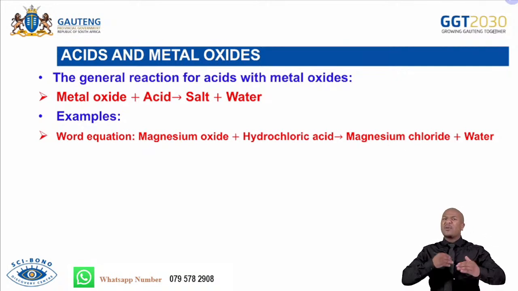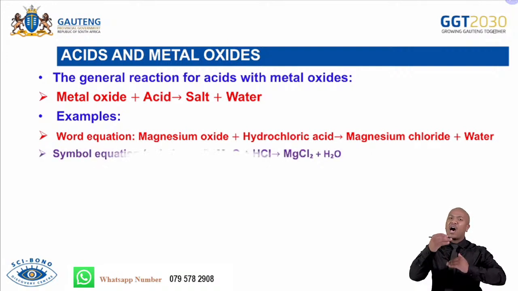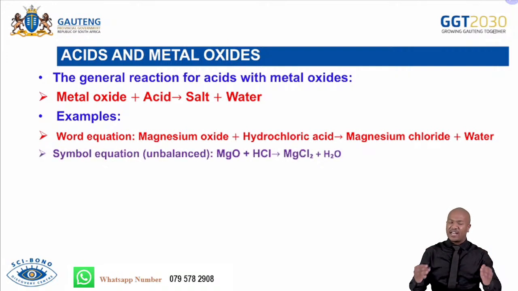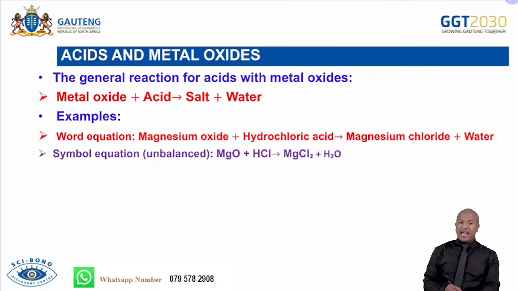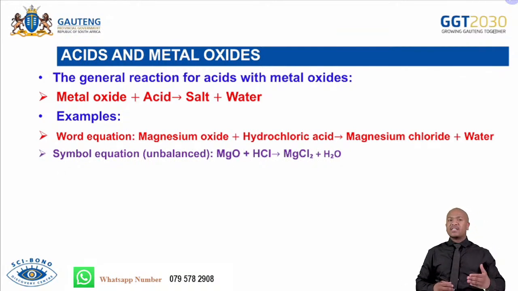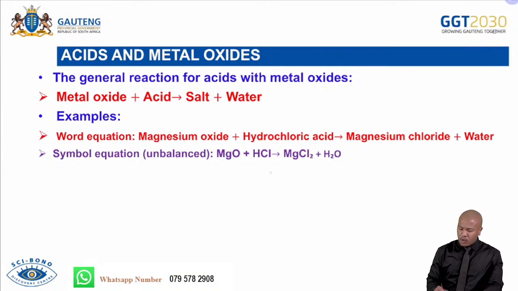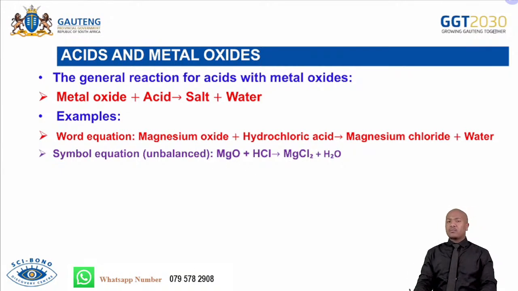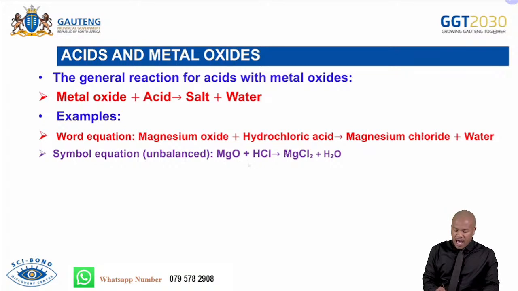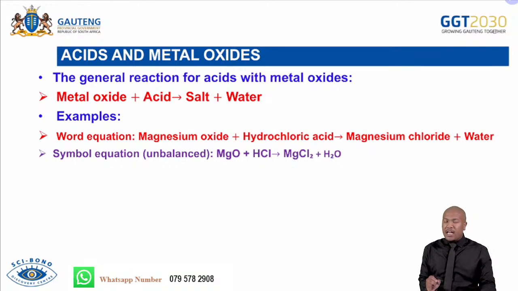So now let's look at the chemical equation of it so that I can show you how the atoms are rearranged. Here is a simple equation that is unbalanced, right? MgO plus HCl forming MgCl2 plus H2O. If you look at this, MgO is what? Magnesium oxide. HCl is hydrochloric acid, forming MgCl2.